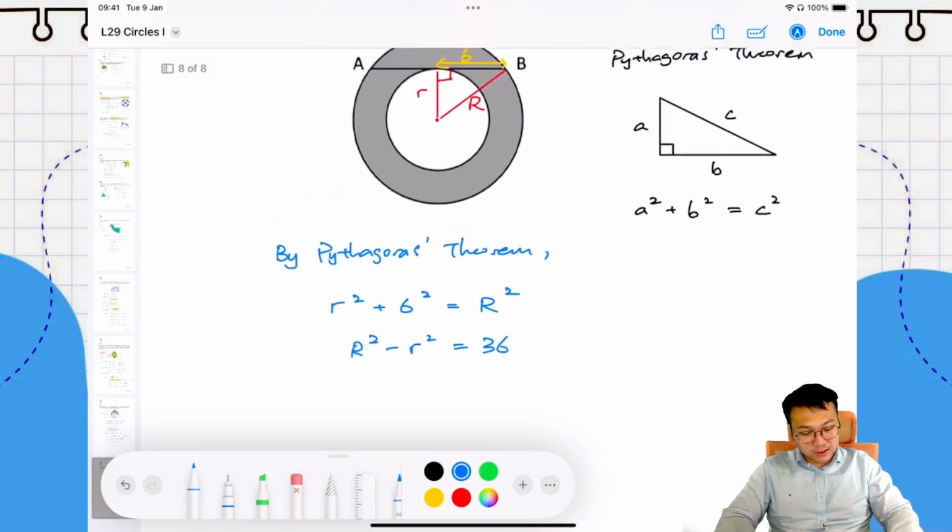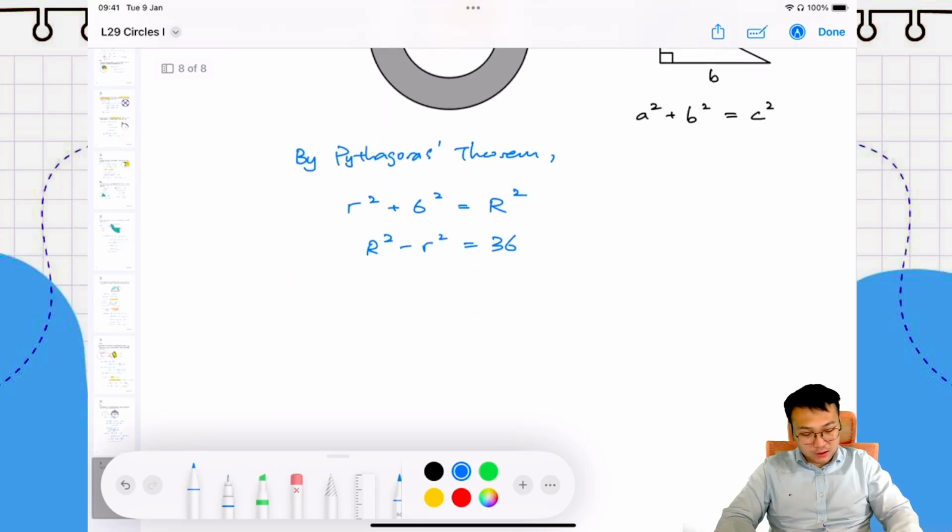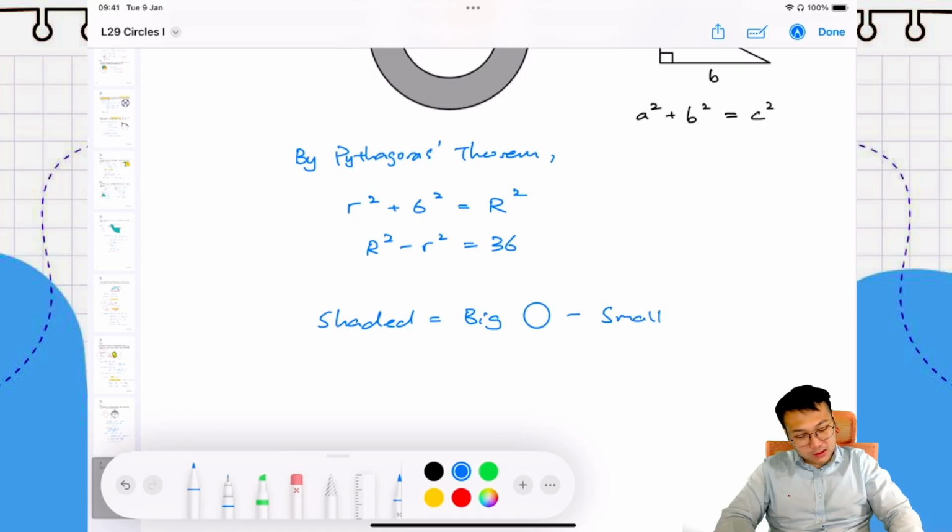Now let's work on our shaded region. They want you to find the shaded region, so what must you do? In order to find the shaded region, we need to take the big circle minus the small circle. How do you find the big circle? Pi big R squared minus pi small r squared.